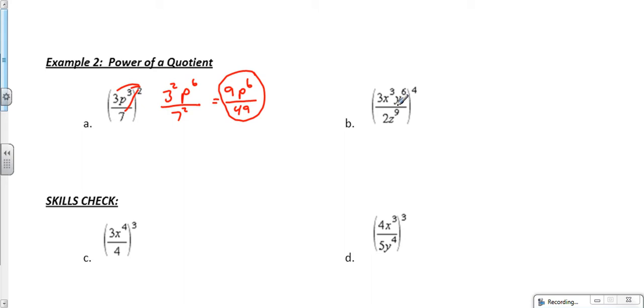Alright, again, look inside the parentheses. Nothing can be reduced, so we go ahead and distribute that power. And everything gets affected by it.